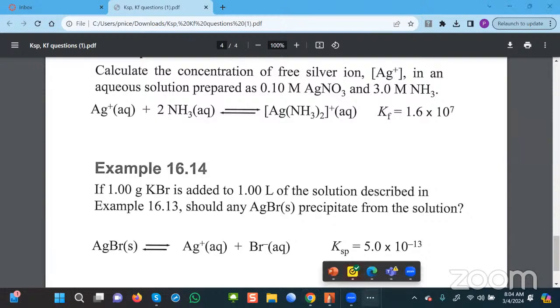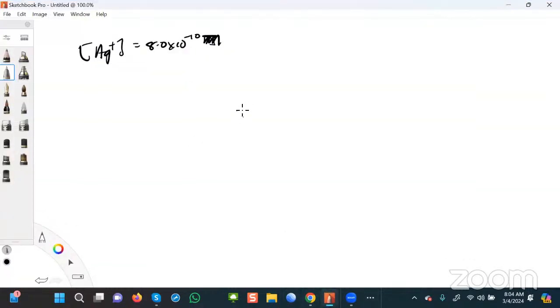It is the relationship between QSP and KSP. Anybody? In order for precipitation to occur, there must be an established relationship between QSP and KSP. What is that?